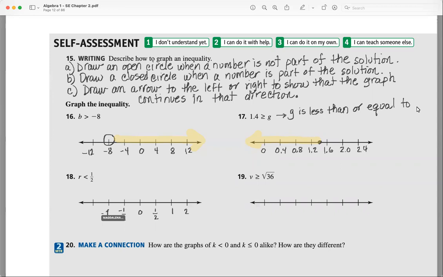That would be 1.5 and -1 and 1/2. And it's an open circle on 1/2. And those numbers are going to be less than, smaller than. So to the left.